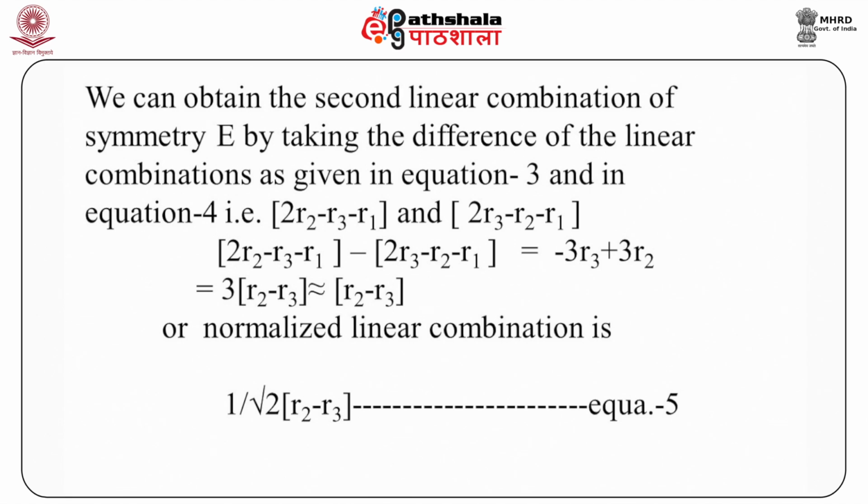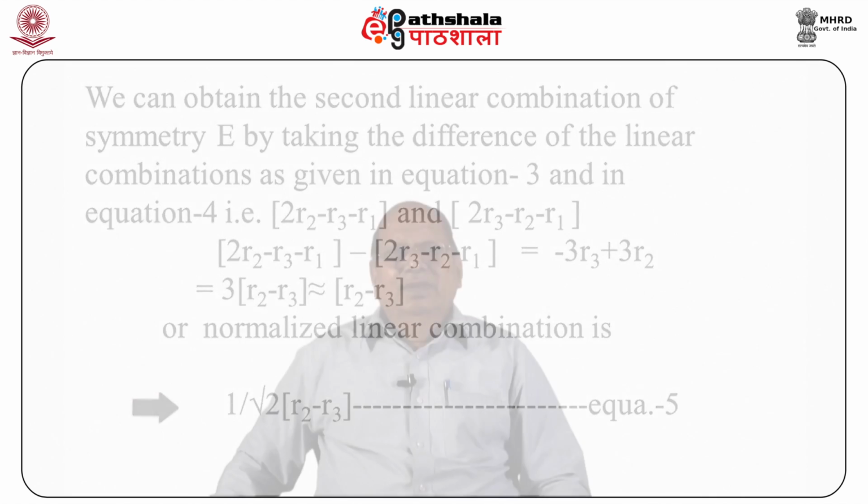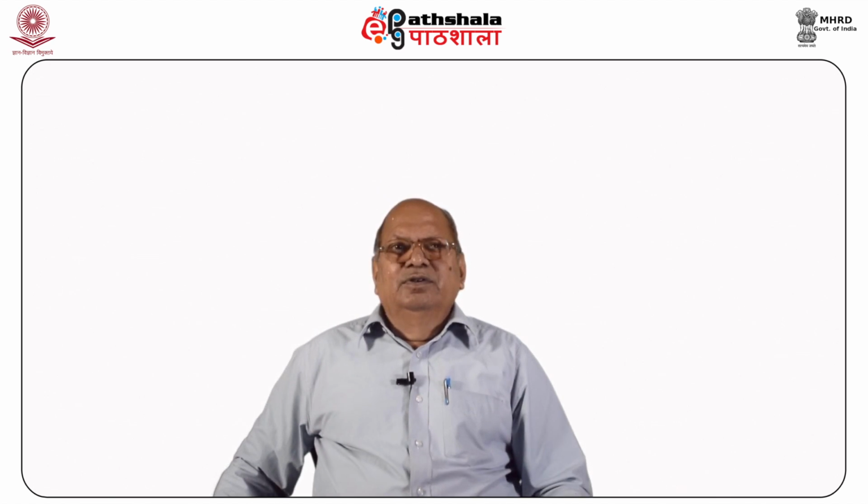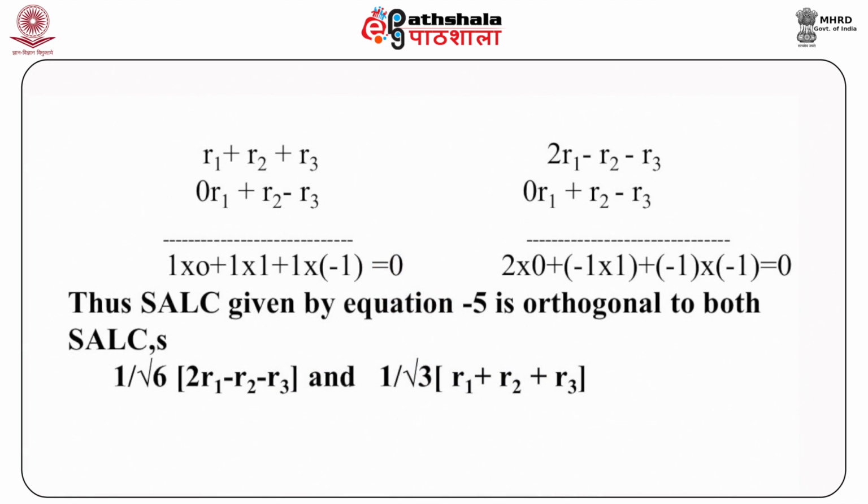By taking this difference and after normalization, we get the function 1 upon under root 2 R2 minus R3, equation 5. Now, let us check the orthogonality of the SALC given by equation 5 with the other SALCs given by equations 1 and 2. If you take equation 1 and equation 5, we have to write down R1 plus R2 plus R3, and then we have to write down R2 minus R3.